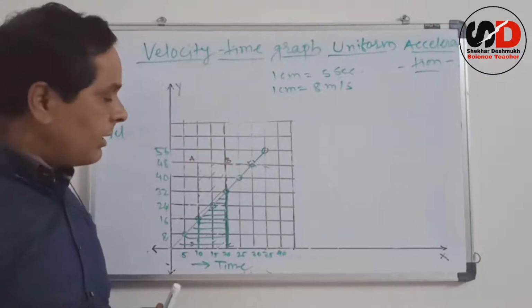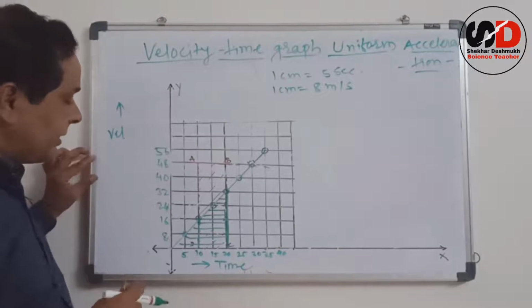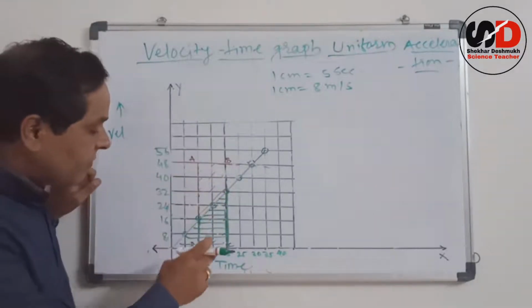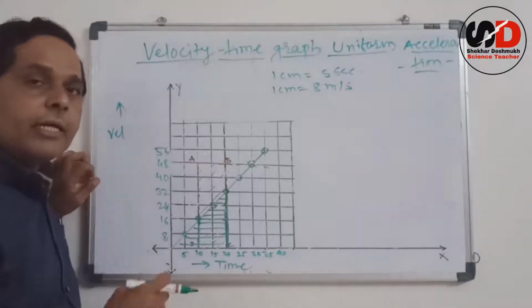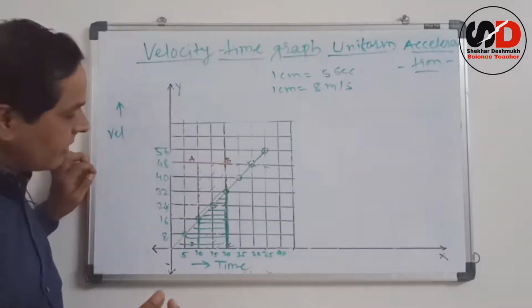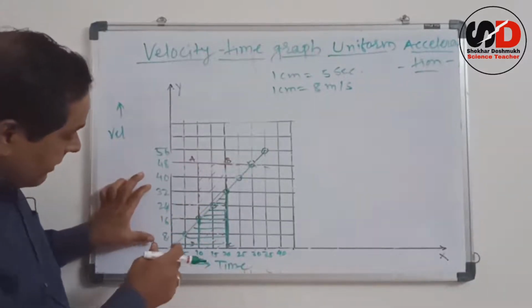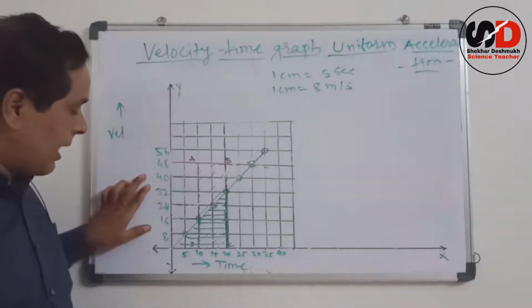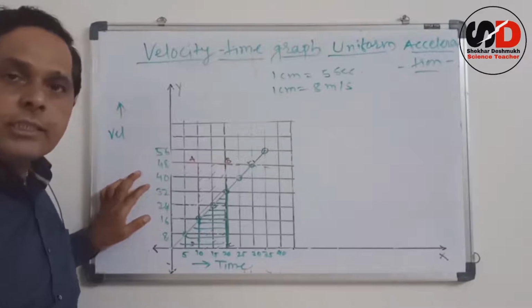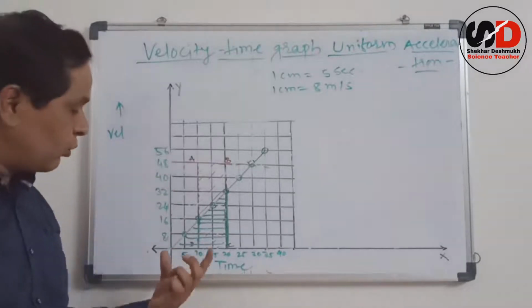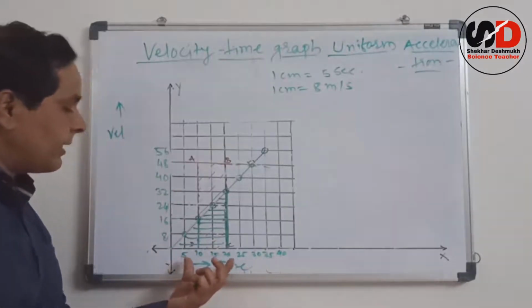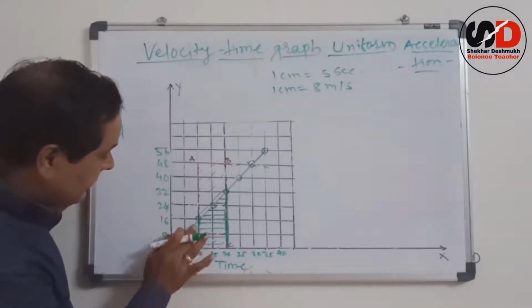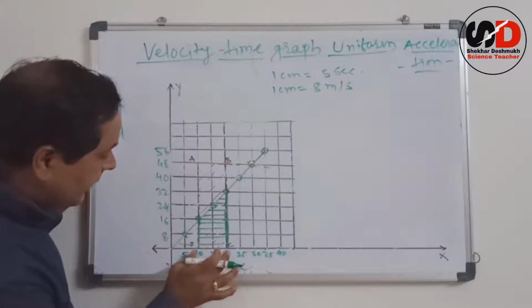The second option is to calculate the average velocity. Take average velocity and average time. We need to see from where to where the velocity is changing and the time we have taken. We need to take it up to 10 seconds, 10 to 20.